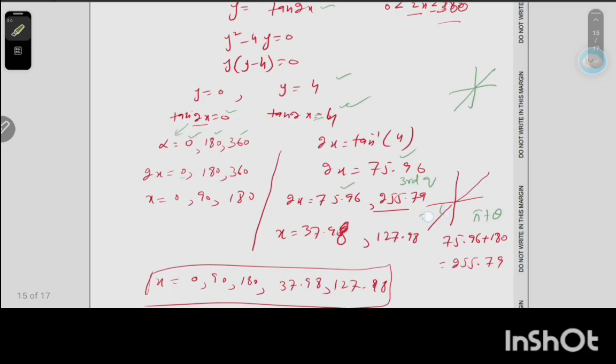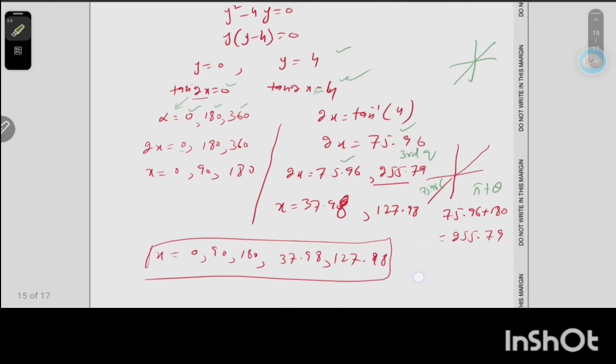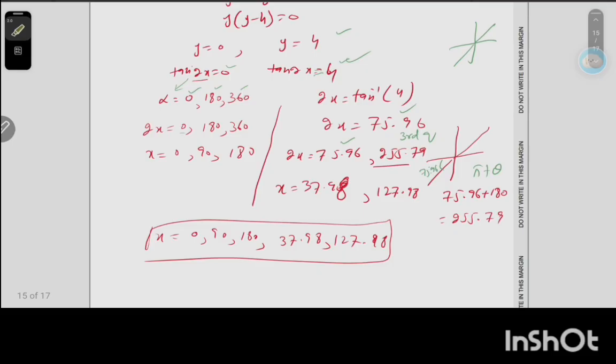We divide both these equations by 2 and get the answers 0, 90, 180, 37.98, because x is divided by 2. Similarly, 255.96 divided by 2 gives 127.28. We have the answers to these questions. Hopefully, dear friend, you have understood this.